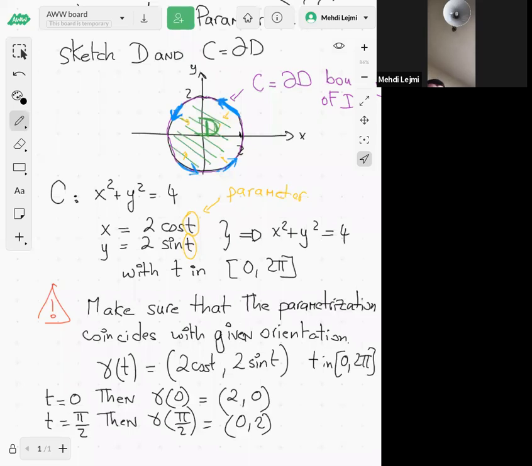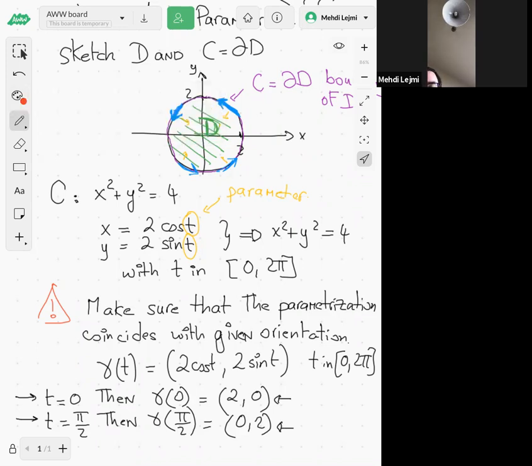So what I'm saying here, guys, is that at time t equals 0, I am at this point, and at time t equals pi over 2, I am at the point 0, 2. Again, think of this parameter t as a time. So in some sense, my particle is moving from 2, 0 to 0, 2.